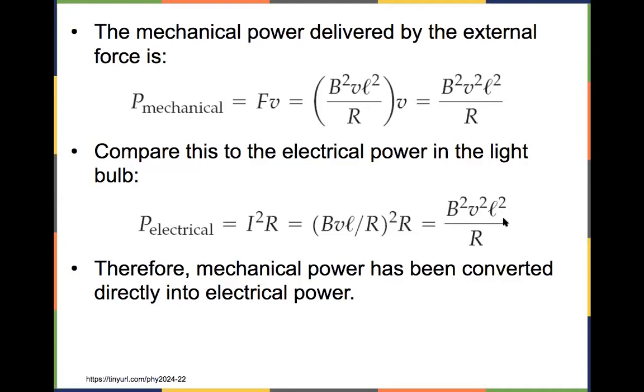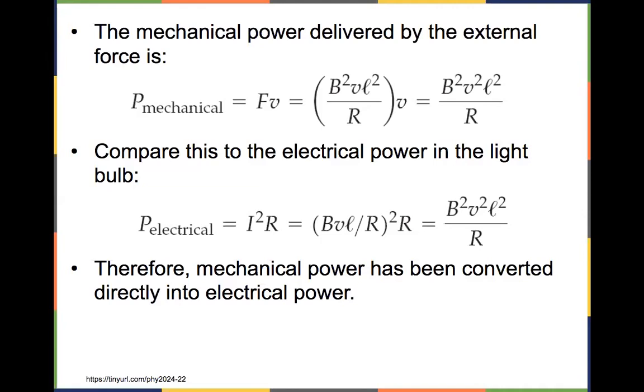Now in this case, we are assuming that the rod and the two rails are ideal conductors. They don't have any resistance. In reality, you don't have this conversion at 100%, but in theory, that's what you have. So you can construct a device that converts mechanical energy into electrical energy.